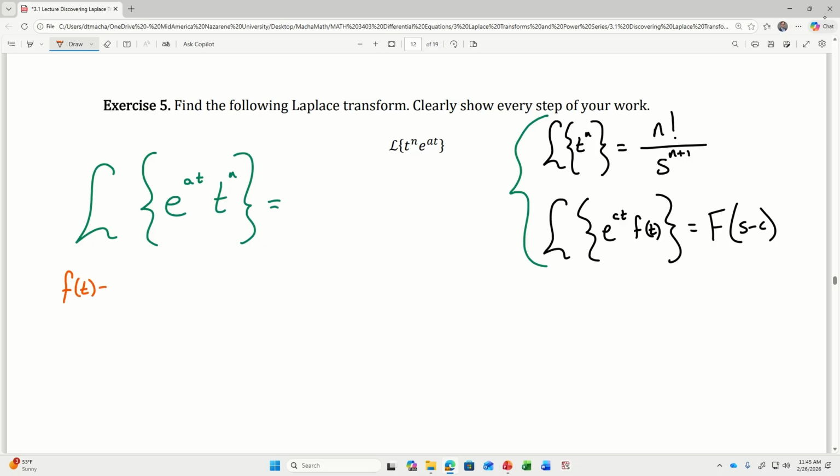So let's say lowercase f of t is t to the power n. And that means capital F of s would be n factorial divided by s to the power n plus 1. Because remember, capital F is just the Laplace transform of lowercase f.